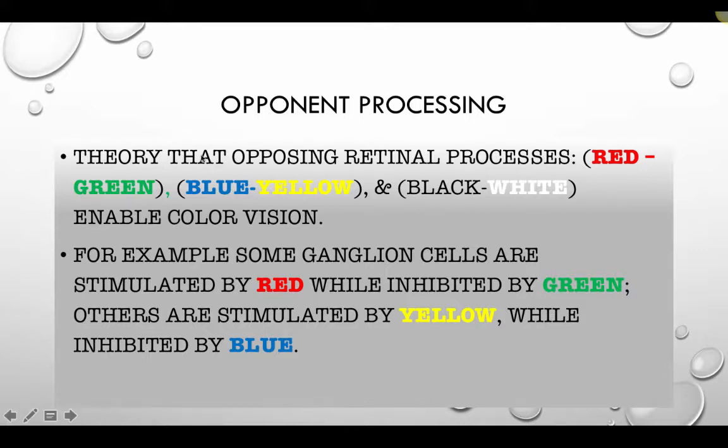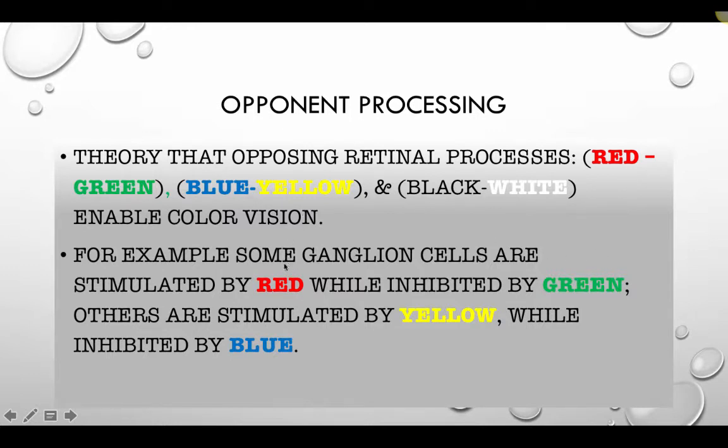This theory, proposed by Ewald Hering, suggests that after signals leave the cones, color is processed in the ganglion cells in opponent pairs. Those pairs are always the same pairs. They're either red or green pairs, blue or yellow pairs, black and white pairs. For example, some ganglion cells in an opponent processing pair are stimulated or excited by red, and they're inhibited by green.